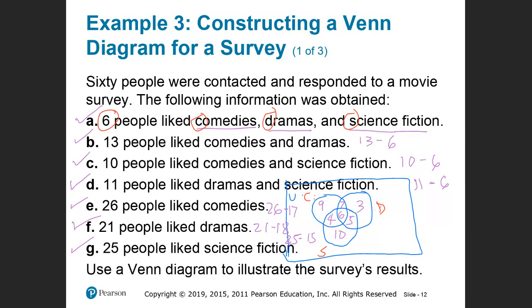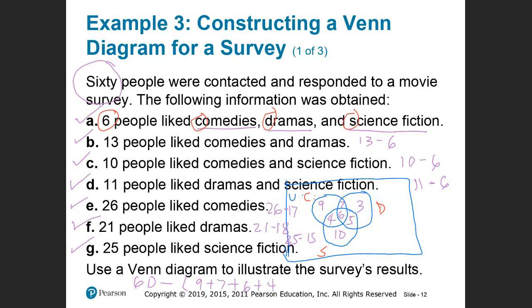Okay, so we have only one last item that we need to do here. It's what's outside or the complement of set C, set D, and set S. So note that we have 60 people. So your solution would be 60 minus all the numbers inside those 3 sets. So we will add all of those. 9 plus 7 plus 6 plus 4.